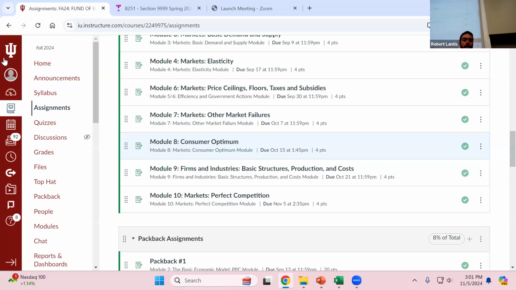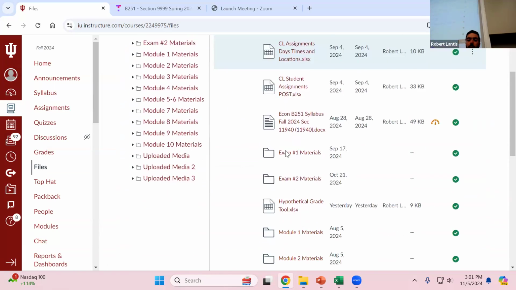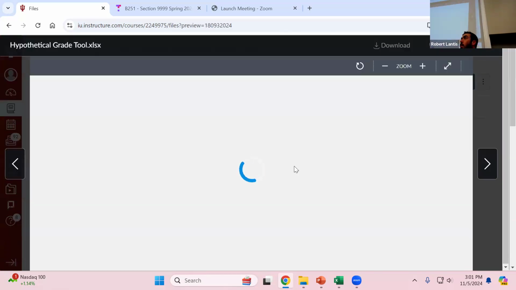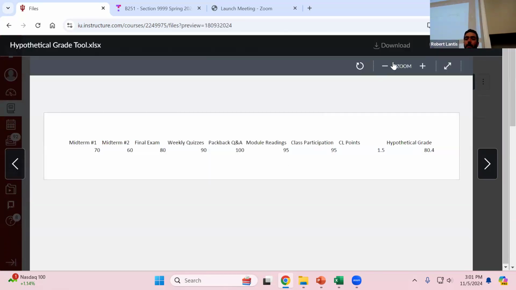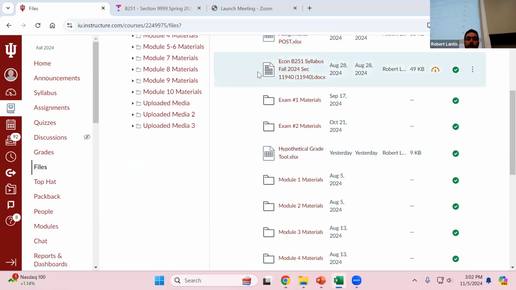But what you can do is start to play around with it, and we'll look more at this towards the end of the semester, since we'll have a better idea of what all the grades are going to look like as we get closer to that final exam. So I put up this hypothetical grade tool, and you can play around with your own scores.